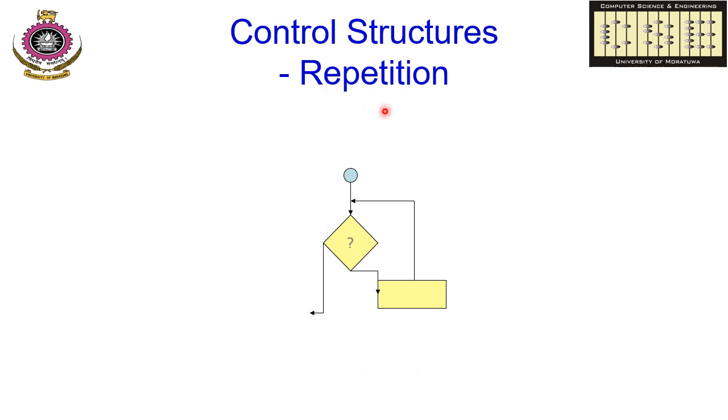It was, let's say, executing in a sequential manner, and it finds this looping structure and goes on to the condition, and until the condition is satisfied, it repetitively goes through that specified block of code, and then there will be a certain instance where the condition is not satisfied anymore.